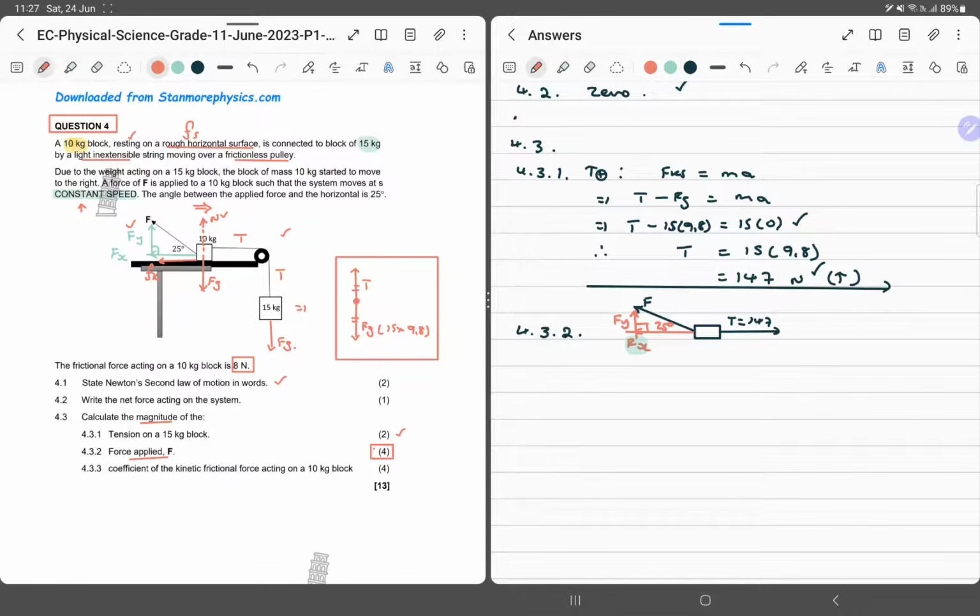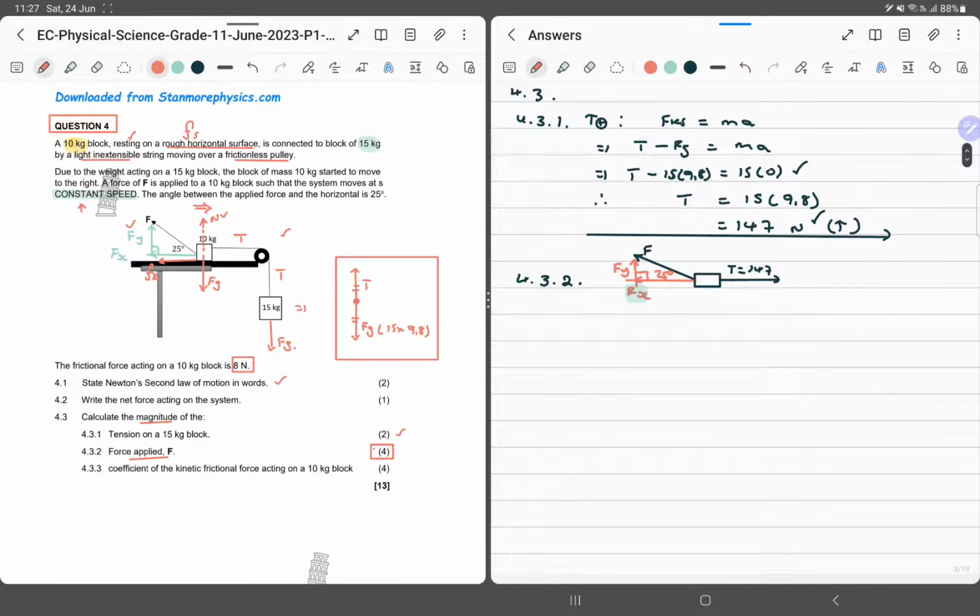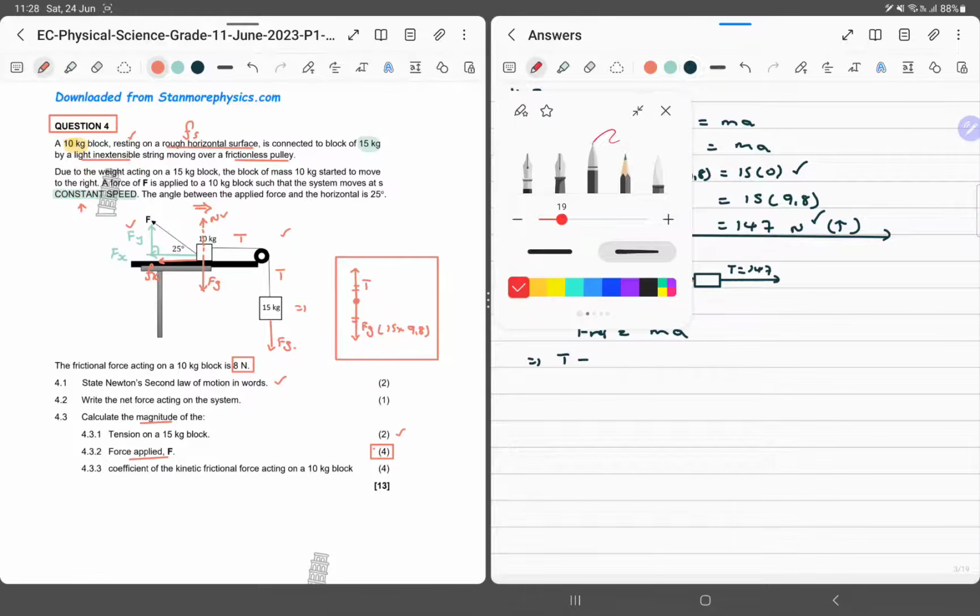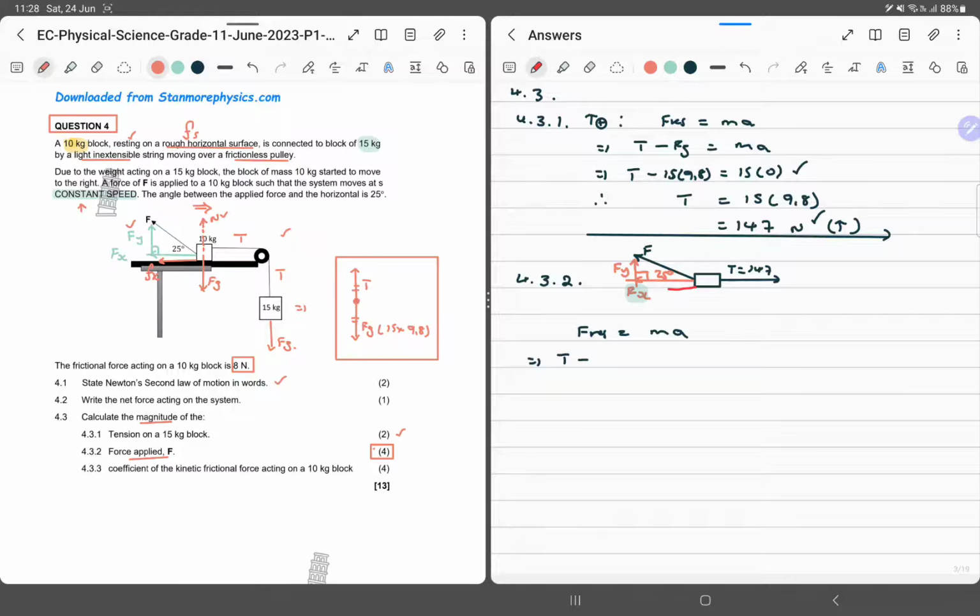Okay, easy stuff. So let's go on. To answer this question, we know that here the resultant force is equal to ma. Now we're moving to the right, the tension is bigger, so tension minus the horizontal forces here is basically, oh, we forgot another force here, the frictional force.